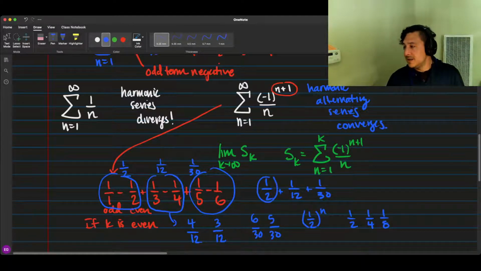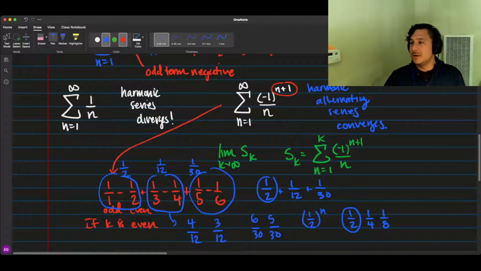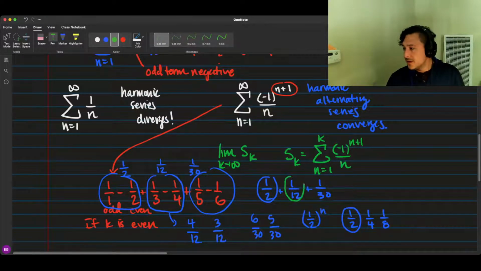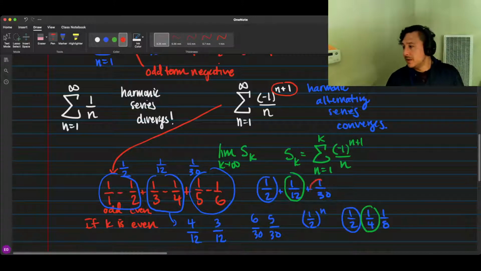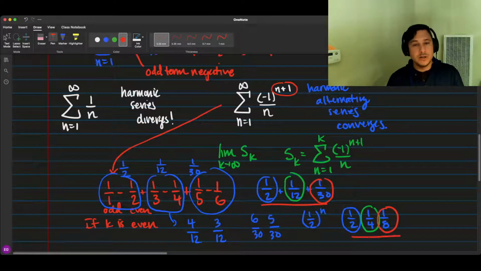So this one is the same size as that one. This one is actually smaller than that one. This one is also definitely smaller than this one. So if every term in this sequence is smaller than the terms in this sequence, and this one converges, what can you say about the alternating harmonic series? That it will also converge.